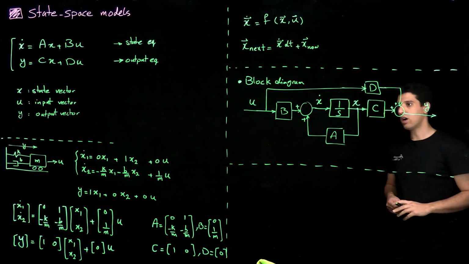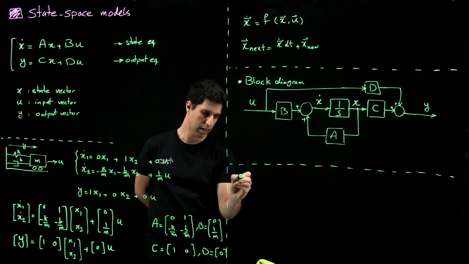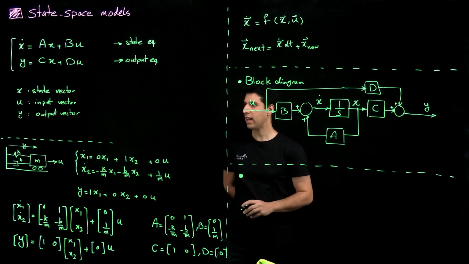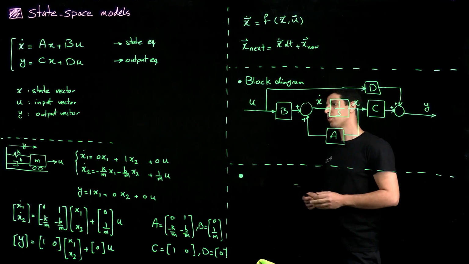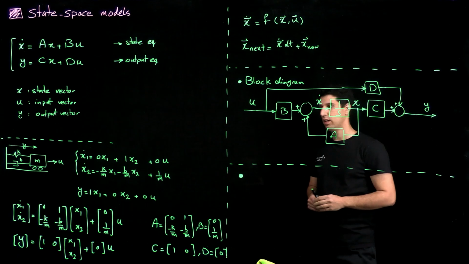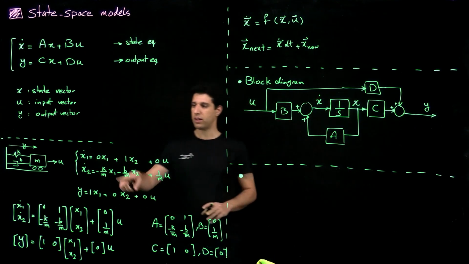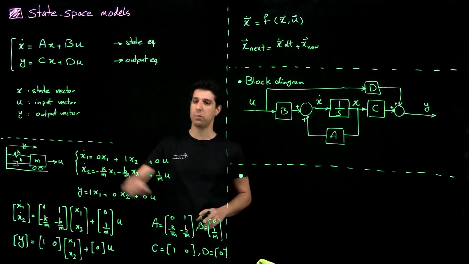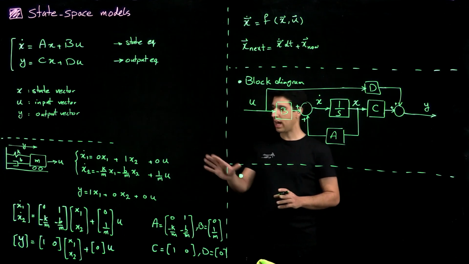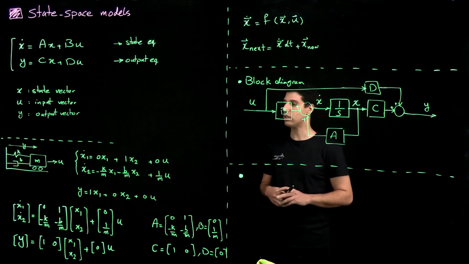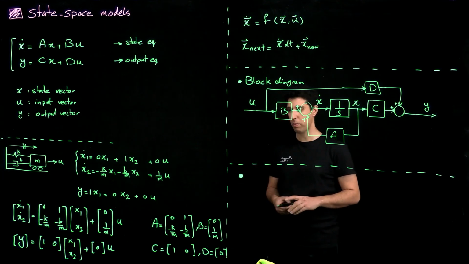And the last comment I have is, what are these states? That is not by any means a simple question. So here I kind of magically figured out, if I take my state number 1 to be the position and state number 2 to be the velocity, I can write the original second order system equation into this state space form.